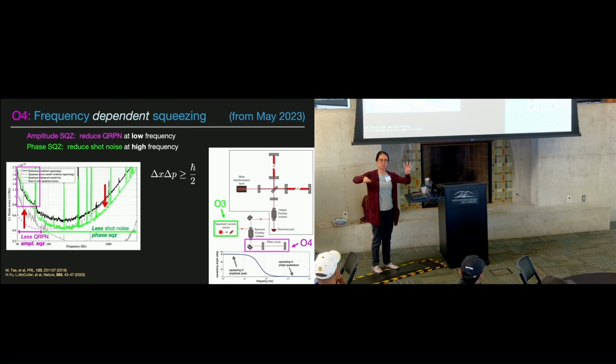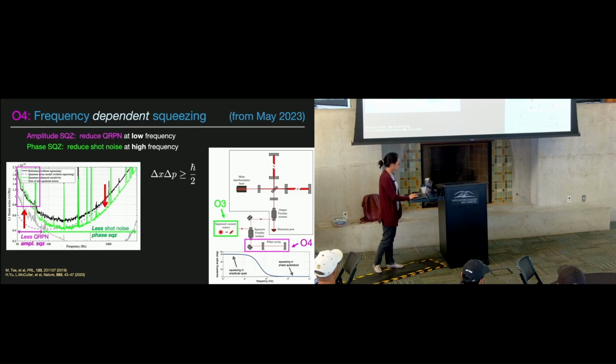And you can phase those compared to the local oscillator, however you like. What the filter cavity is going to do is, we're going to park it on resonance with some sidebands, some signal sidebands, so that the signal sidebands are rotated with respect to the idler sidebands. And that will produce a frequency-dependent phase shift of the squeezing quadrature. That means at different frequencies, we'll be squeezing different parts of the field, right?